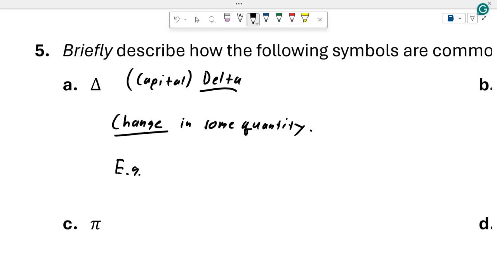For example, we looked at slope in question number 4, and we used this equation, y2 minus y1 over x2 minus x1. The numerator is saying, how far apart are your y's? You start at y1, you end at y2, and what's the distance between them? That's the change in y.